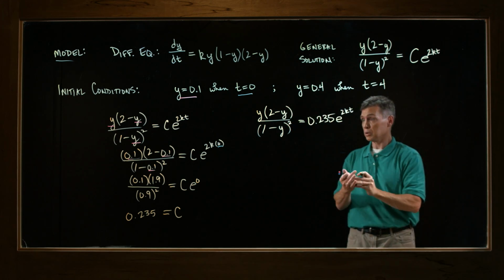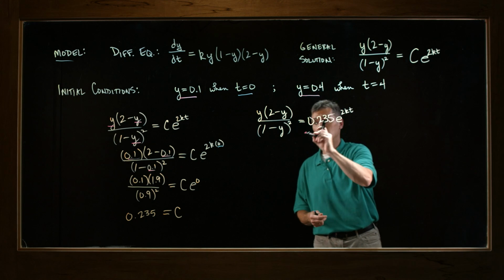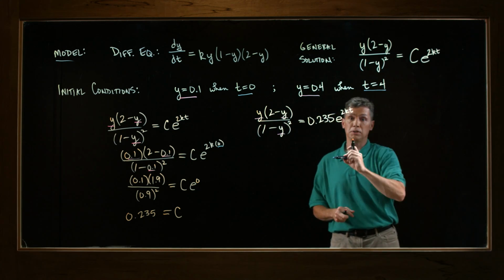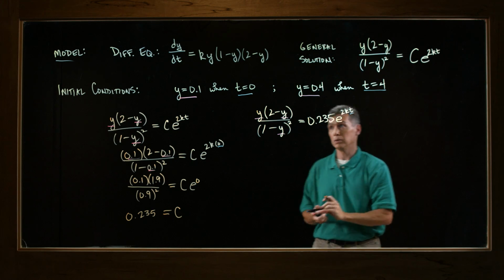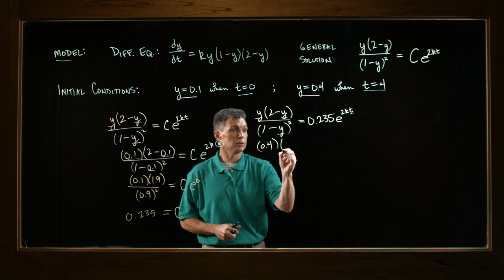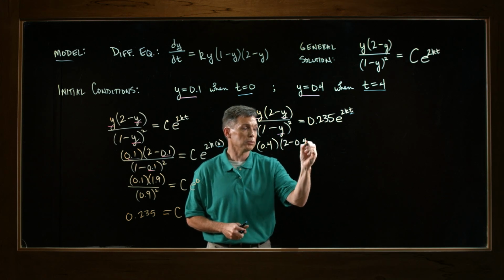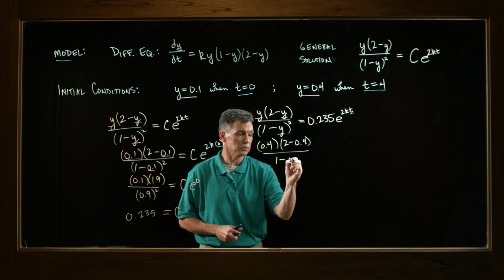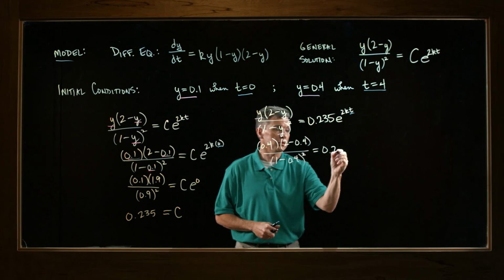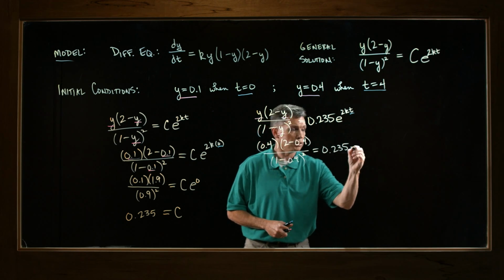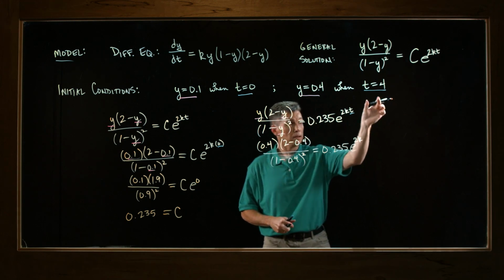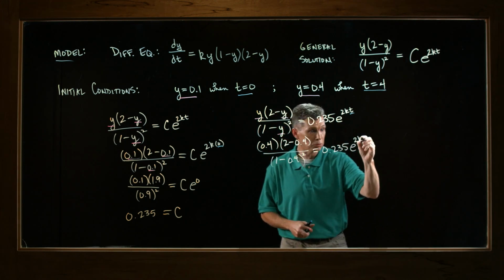As usual, now we're looking to put the specific value of y in for y, and the specific value of t in for t. Here we go. 0.4 times (2 - 0.4), divided by (1 - 0.4) squared equals 0.235 e raised to the 2k, and this time my value of t is 4.